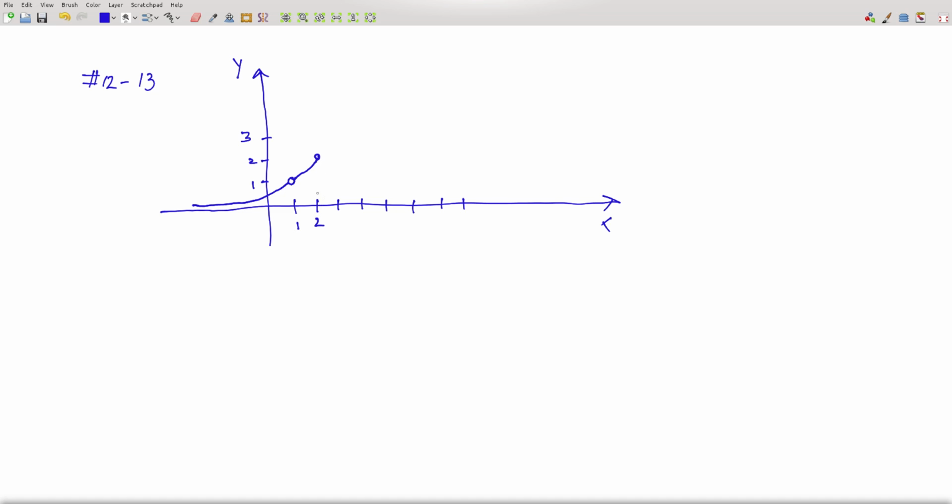But at the value x equals 2, the function itself actually happens to be 1. And it seems to increase linearly until we get to x equals 3. So it does something like this here.